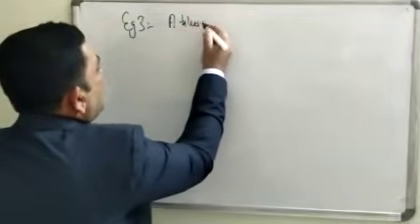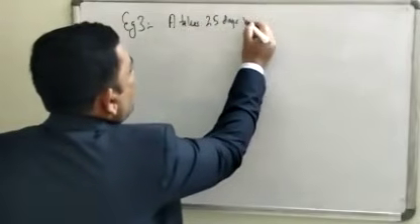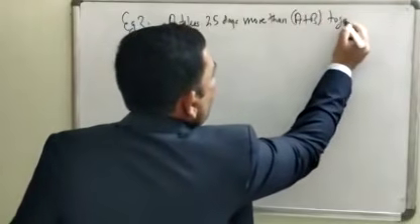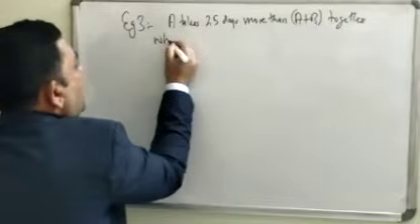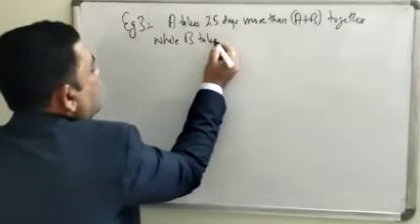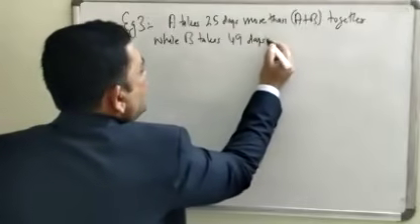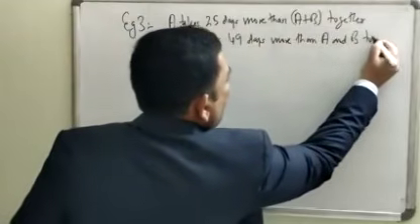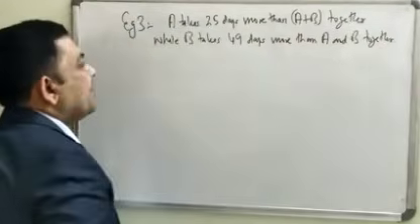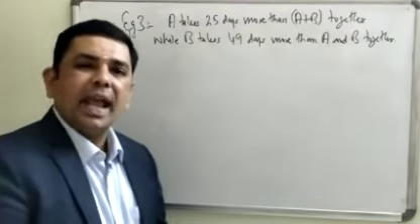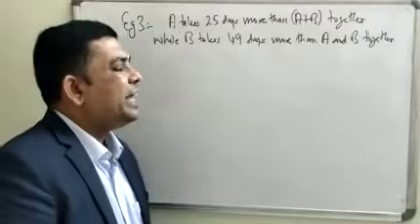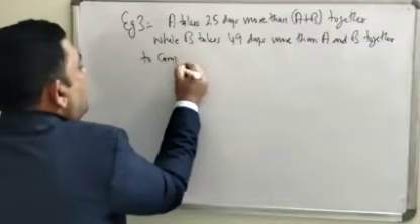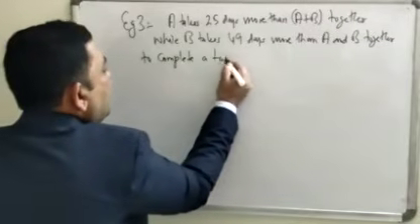A takes 25 days more than A and B together, while B takes 49 days more than A and B together to complete a task.